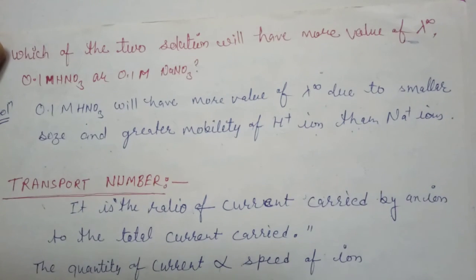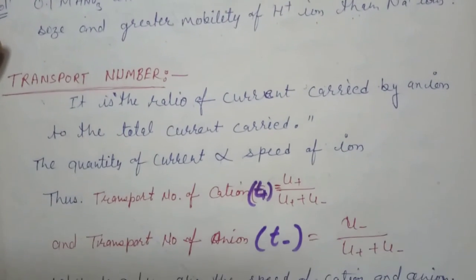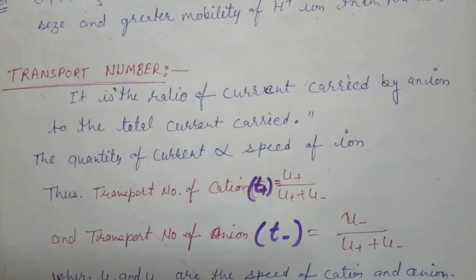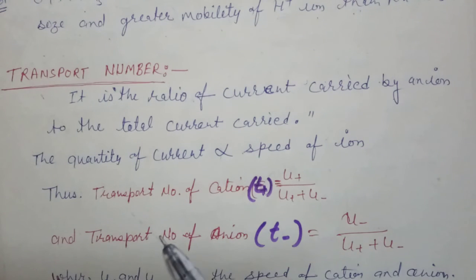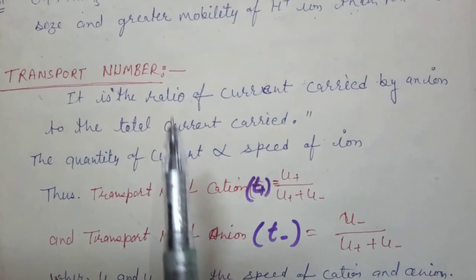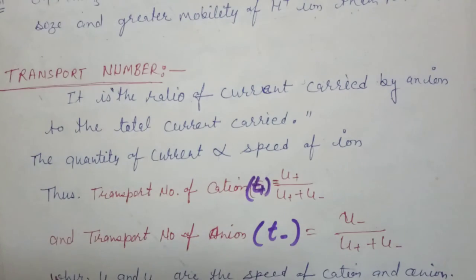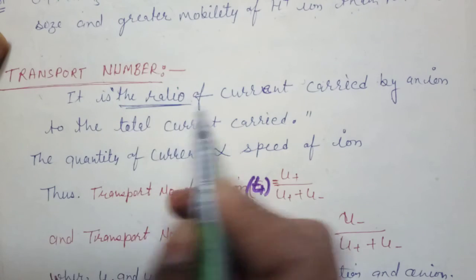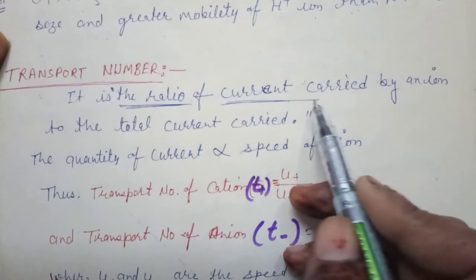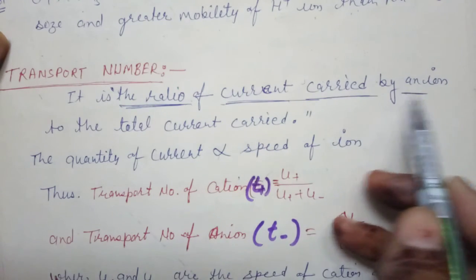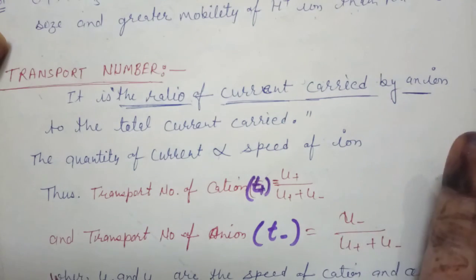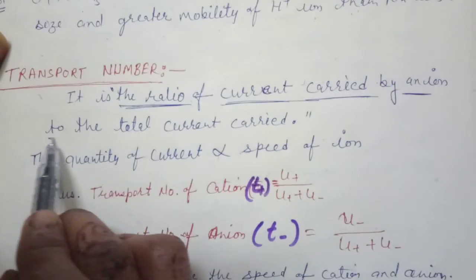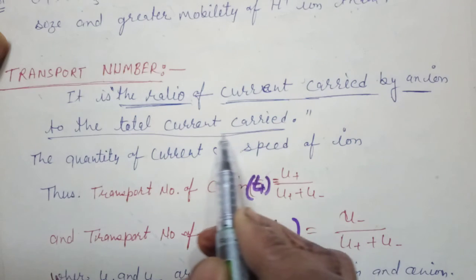Clear? Now, transport number. It is an important property of the cations and anions according to Kohlrausch. What is transport number? It is the ratio of current carried by any ion, that can be cation or anion, to the total current carried.